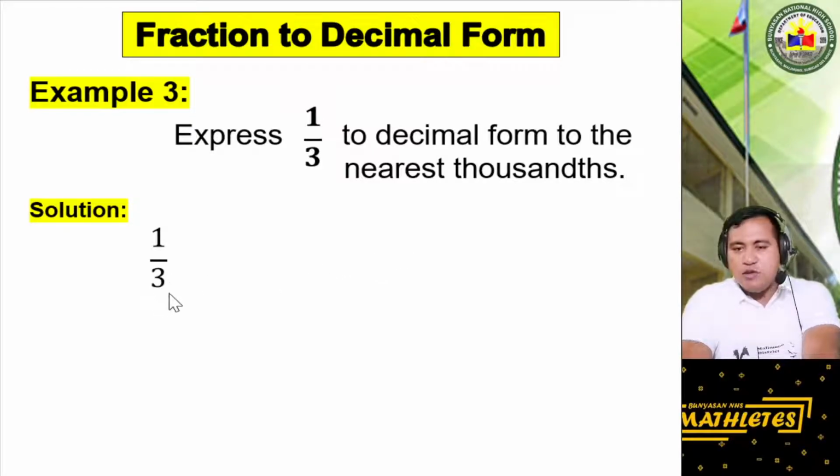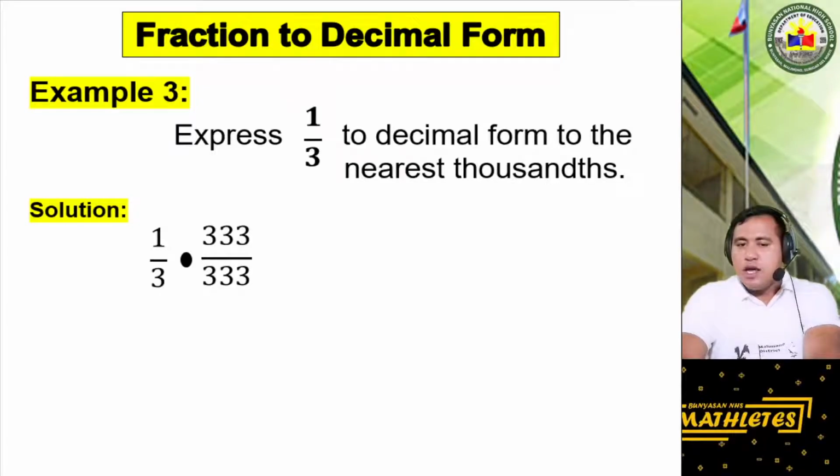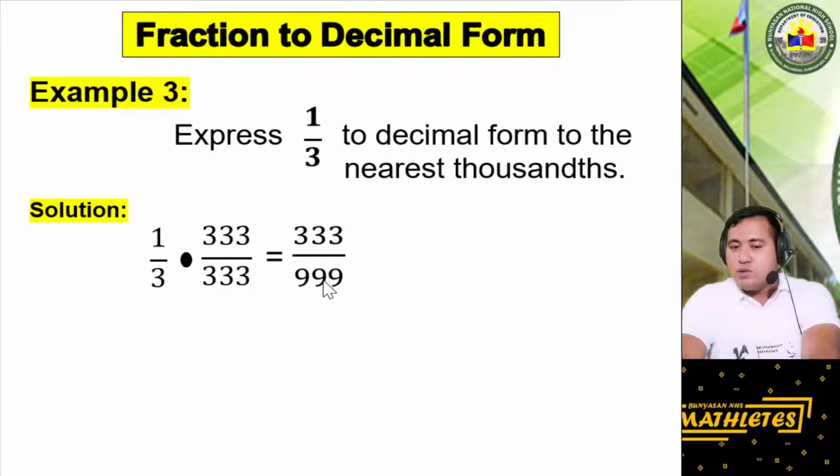So pila ito i-multiply para mahimo siyang 1,000? Dili man siya mahimong 1,000, kay 3 man. So duol lang sa 1,000. We will multiply that one by 333 in order to make that 999. 999 is close to 1,000.